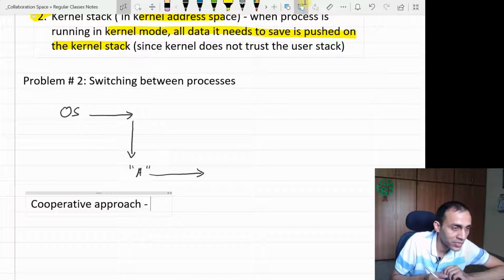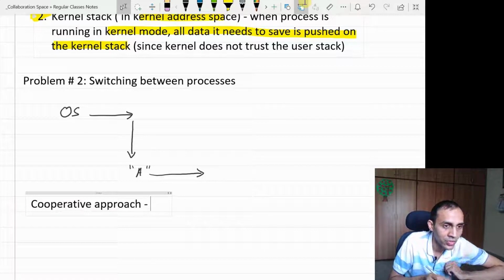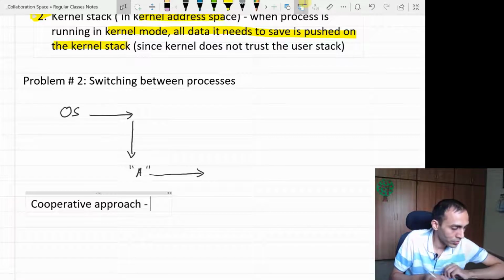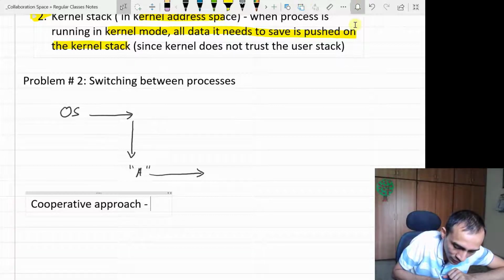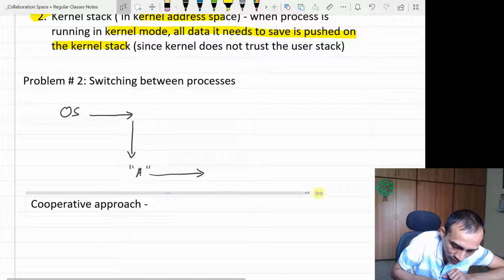We have seen that whenever a system call is issued, the kernel code starts running again. So any process is going to issue some system call at some point, and the OS will wait for that.